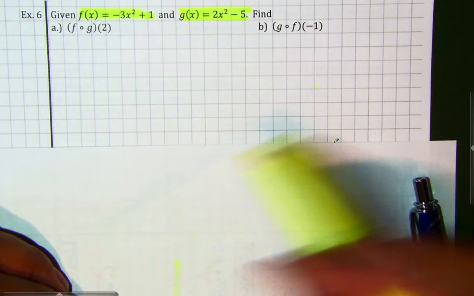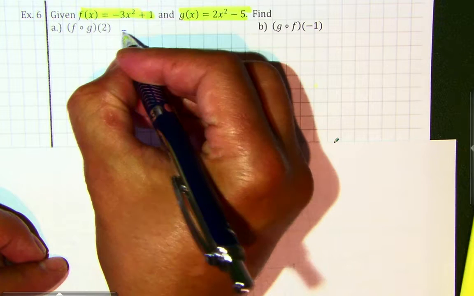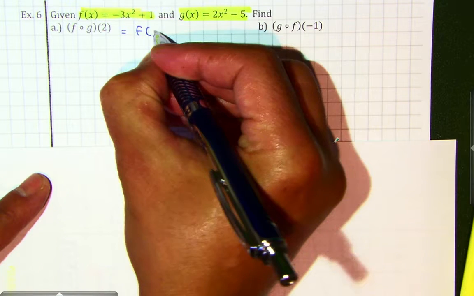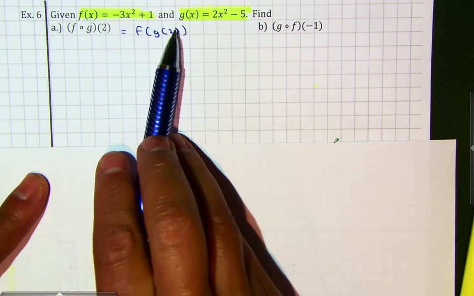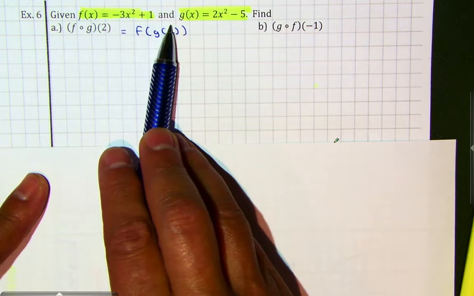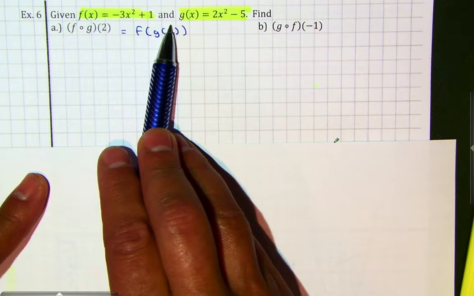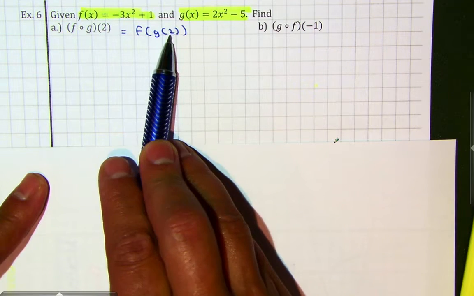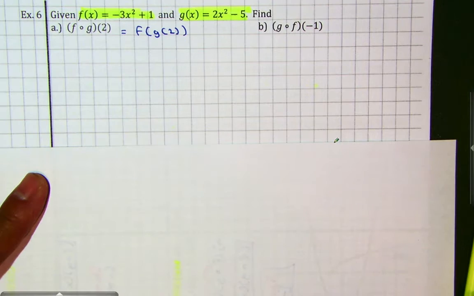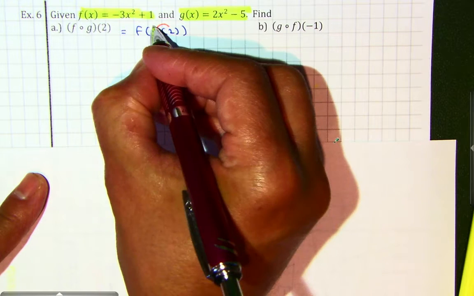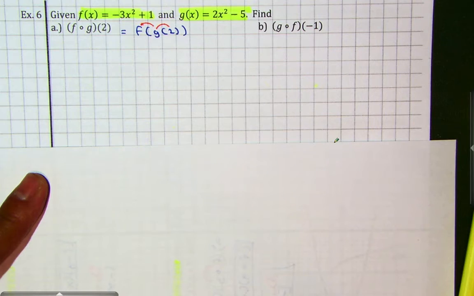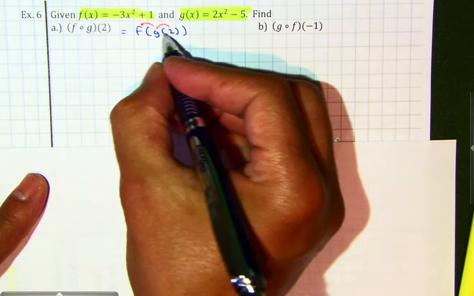Now remember that you have seen this before as f of g of 2. Some people prefer to find the composition first, just like we did on examples 4 and 5, and then plug in the 2. But instead, I prefer to do it a little simpler way, plugging the 2 inside the g, and whatever I get, I'm going to plug inside the f. So first, I'm going to calculate g of 2.